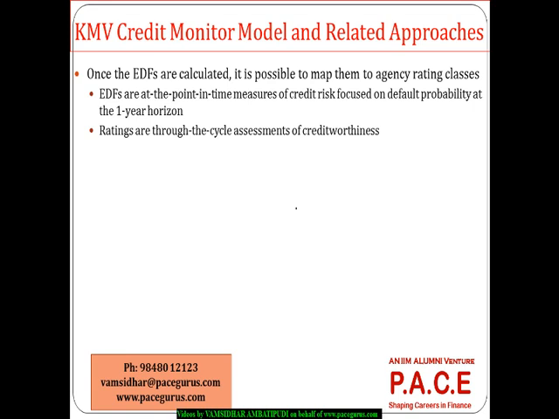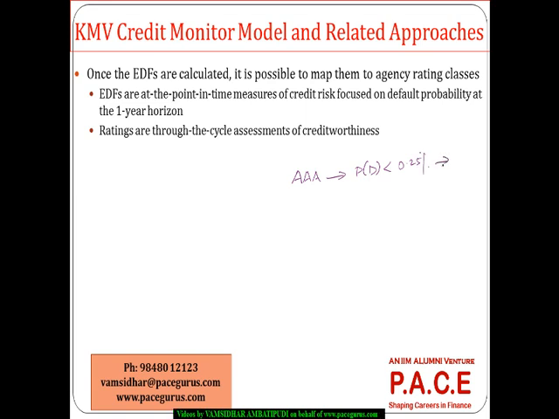Right. So once they are able to calculate the EDFs, there is even a possibility that they can map it to the rating agency classes also. Let's say the rating agencies have given AAA rating to a set of companies whose probability of default is less than 0.25%.